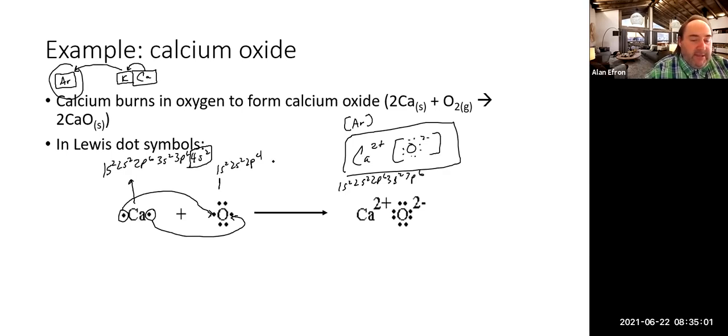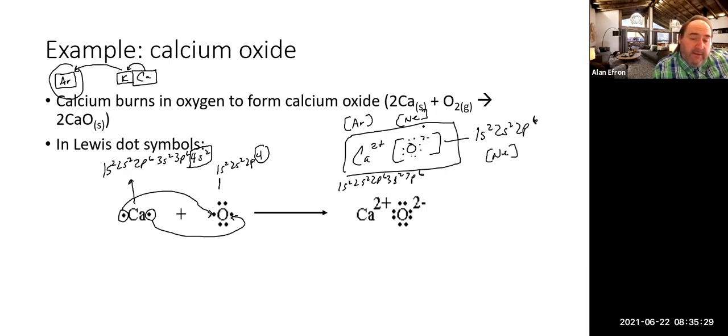Oxygen gaining 2 electrons is going to end up there. When it does, 1s2, 2s2, 2p6, that is 10 electrons, which again is the same configuration as neon. So calcium, by giving away both electrons, is able to achieve the noble gas configuration of argon.